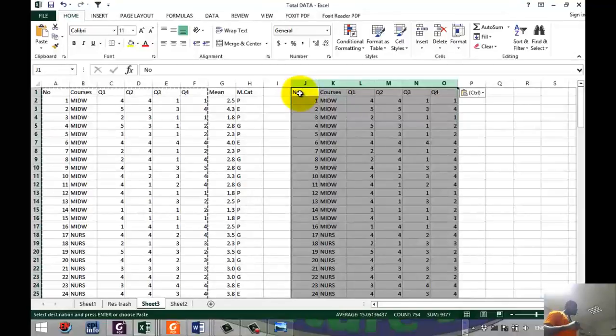In this case, that is 4. So if you have 4 responses and the person rated it 5, 5, 5, 5, it means that as far as that person is concerned, it was 100%, is it?